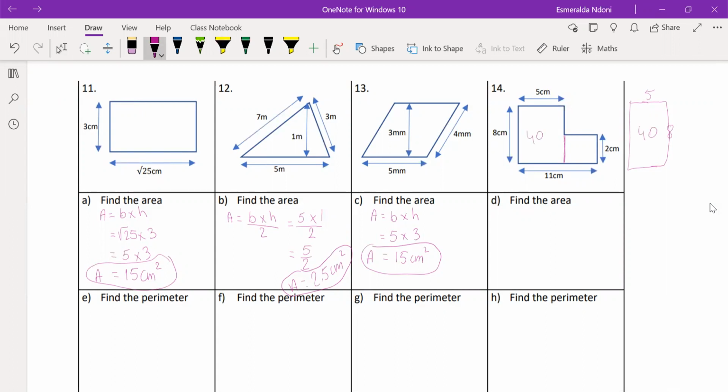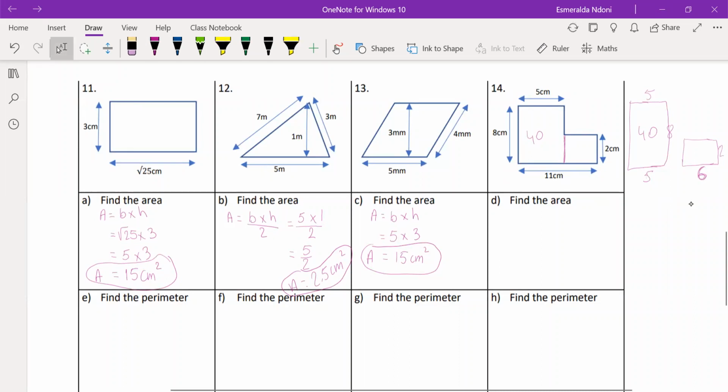That's very well done. And I have a little one on the side here, which has a height of 2 and a base of 6. The reason why I know it's a 6 is because look, that's a 5, same as the one up there. So when you add them together, they make 11.